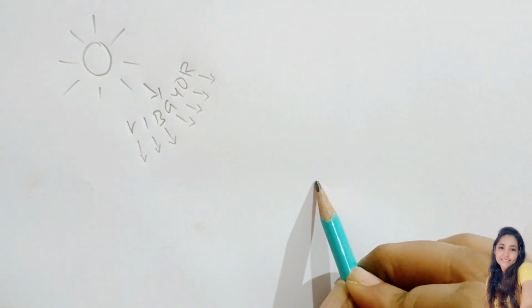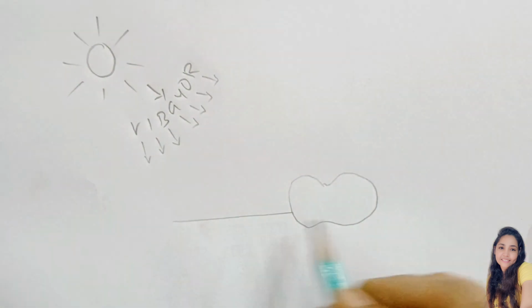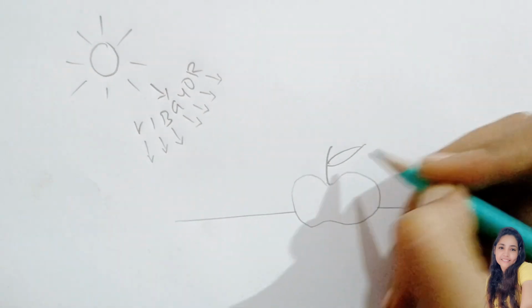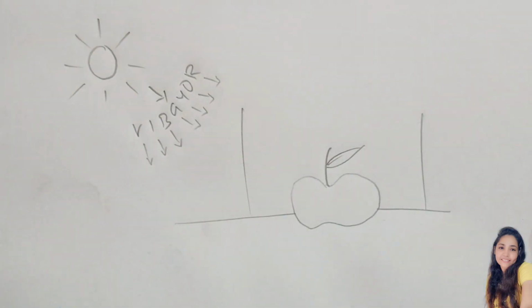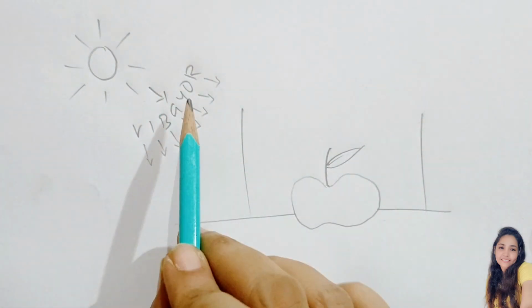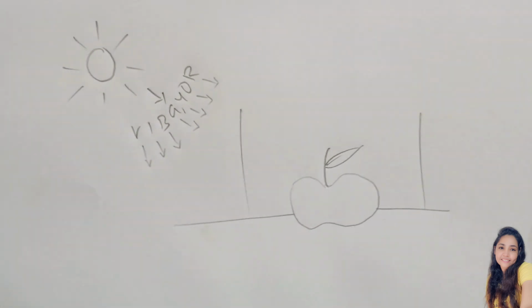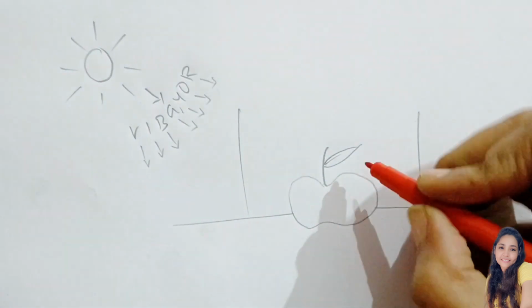Now, understand. Let's say there is an apple placed on a table. How do we see colors is what we are trying to understand. When these 7 colors fall on the apple, all the colors except red are absorbed.